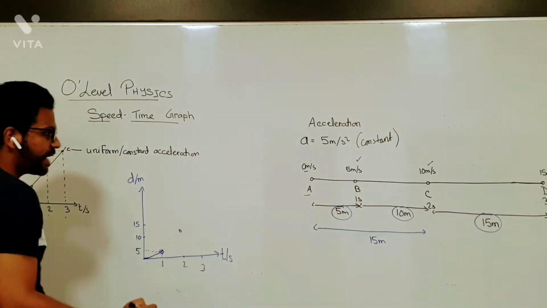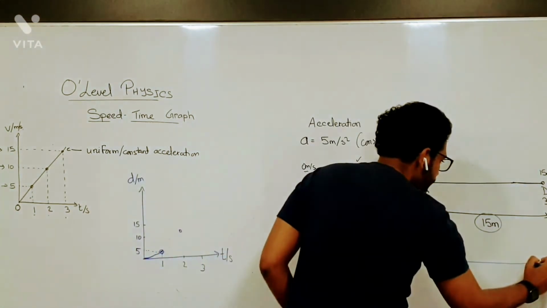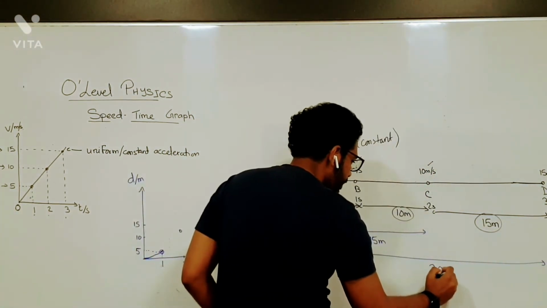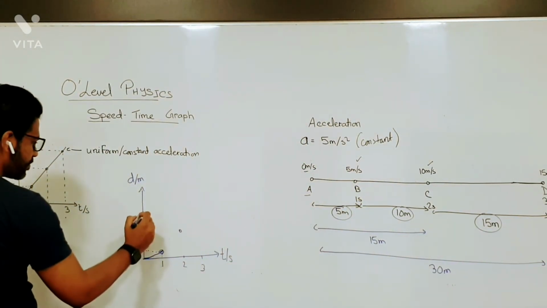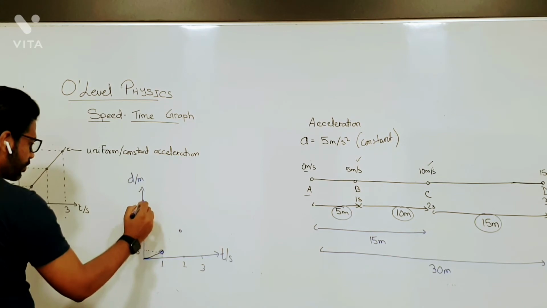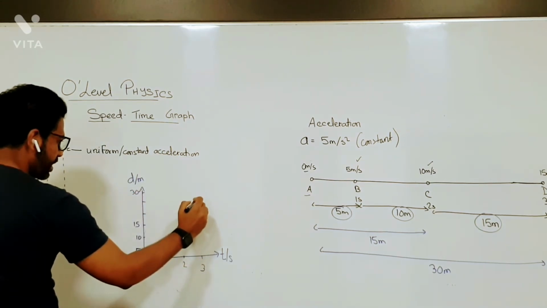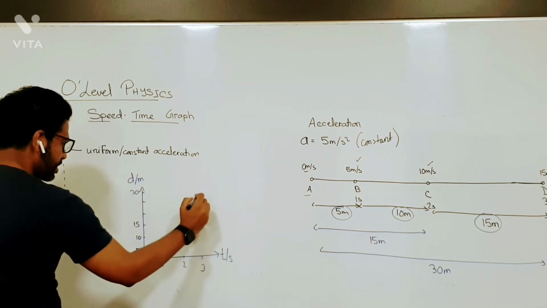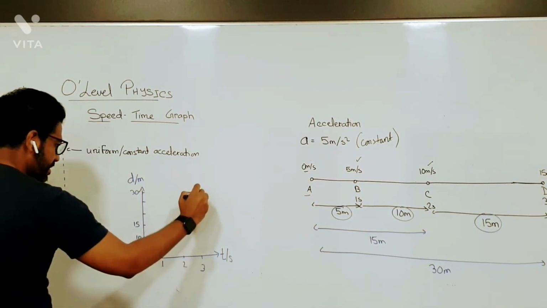It's 15. And after 3 seconds, it has moved a total distance of 30 meters, right? Now, after 3 seconds, if this is 15, this is 20, this is 25, this is 30. So my line should be somewhere, after 3 seconds, it's somewhere here. And my graph goes like this.